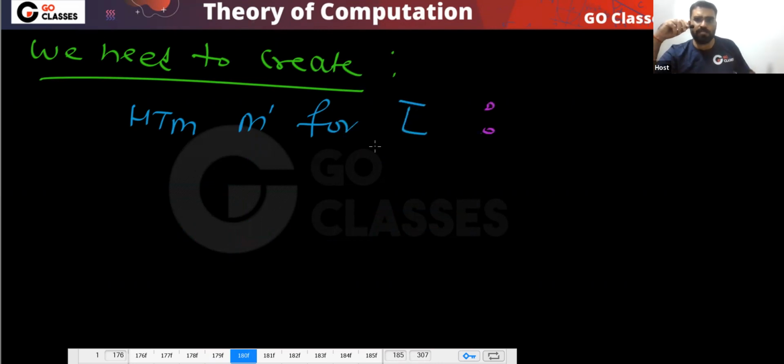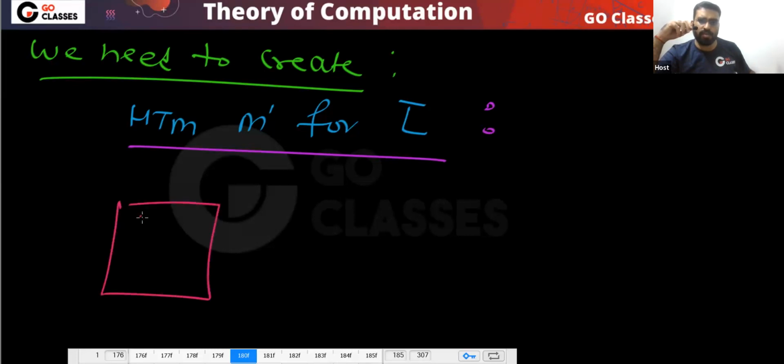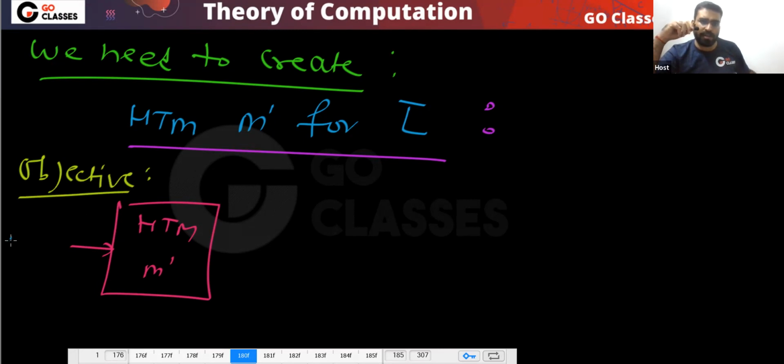So what should happen here? This M dash, what should it do? This is the objective. What is the objective? If you give W belonging to L, what should it do?